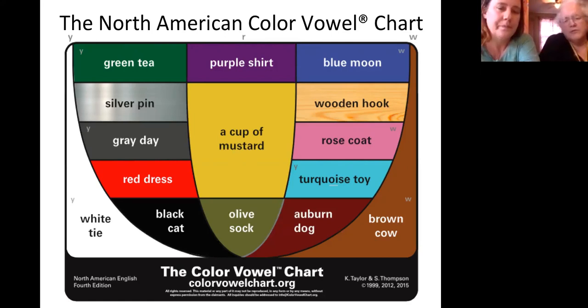So if you're trying to distinguish between misery and Missouri, that's an obvious place where you have to be able to not only get the right stress, but also get the right vowel. So misery is a silver pin misery, and Missouri for me is purple shirt Missouri. It might be wooden hook Missouri for some people. Oh, okay, Missouri. Oh, interesting.